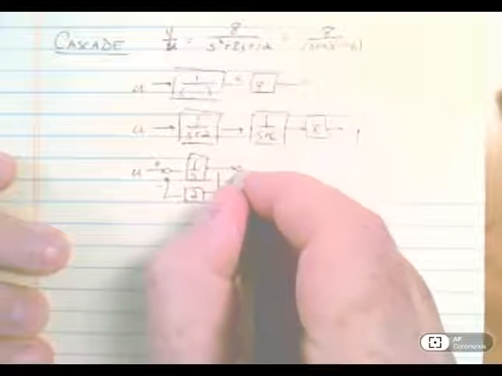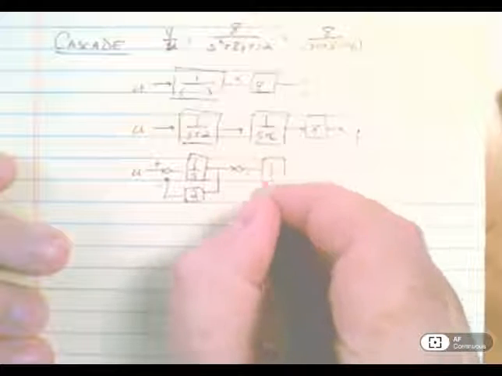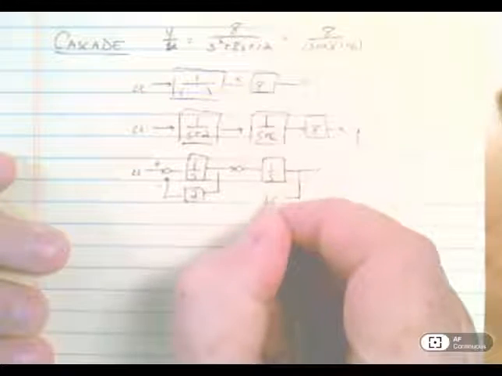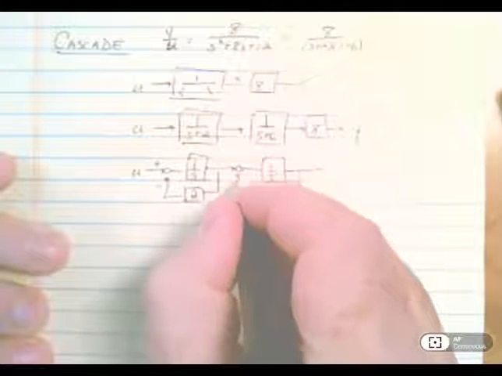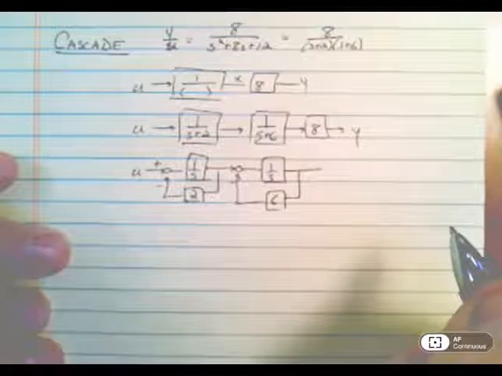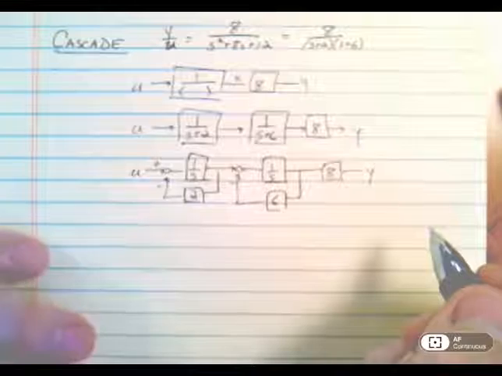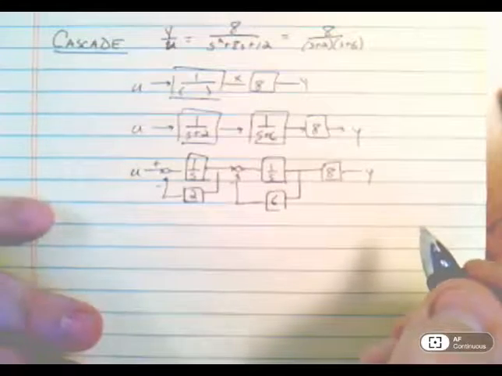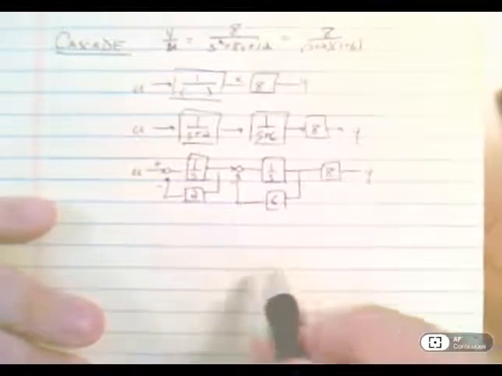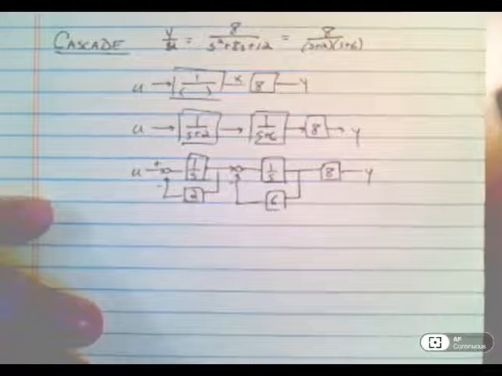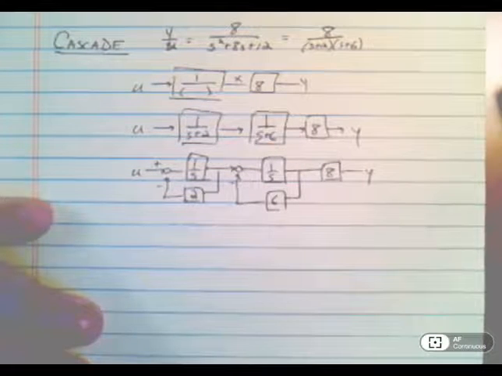So that adds in 1 over s, and we're going to feed back a 6, negative feedback, like that. And then we're going to multiply that by an 8 in order to get our Y. So there is a different way of drawing an expanded block diagram that reflects the exact same system.